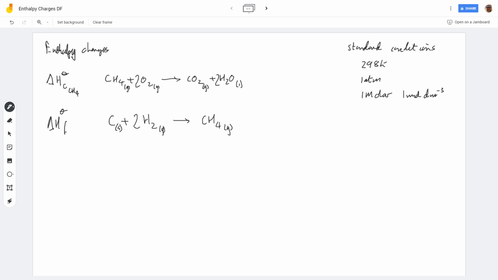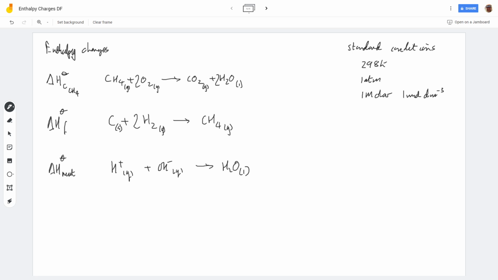In some questions you'll see standard enthalpy change of neutralization. So I'll just put neut there, and that is essentially this reaction: H+ aqueous plus OH- aqueous gives you H2O liquid.